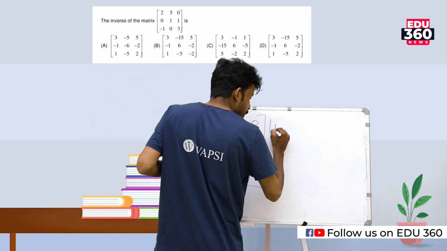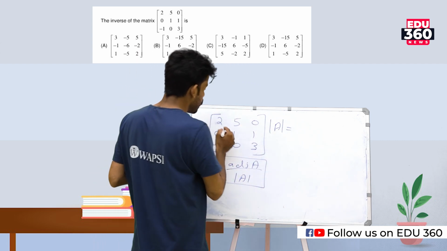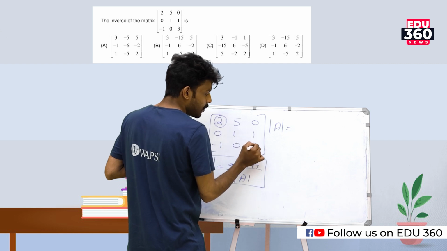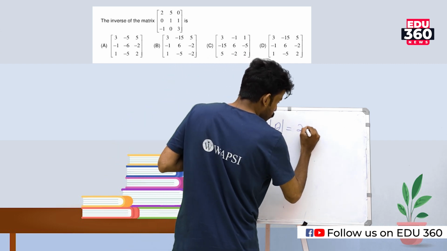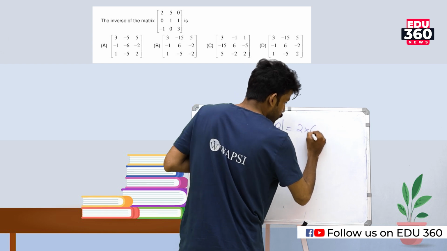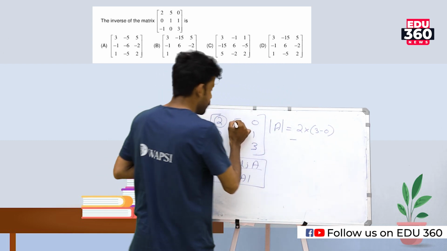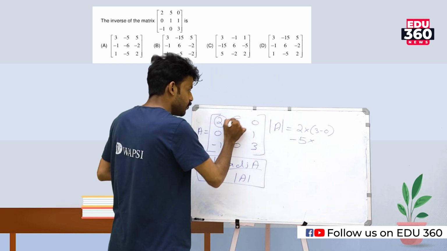Determinant A is equal to, first of all, 2 into 3, that is 1 into 3 minus 1 into 0. So we can write 2 into 3 minus 0.